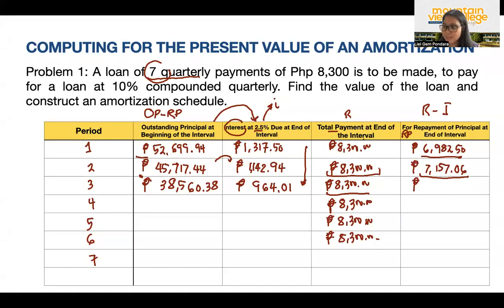We are paying 7,335.99 to the principal. So this one will be subtracted again from our principal. So our remaining balance will only be 31,224.39.